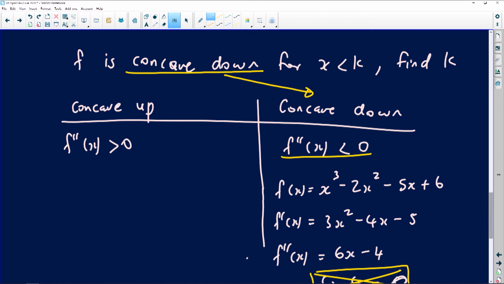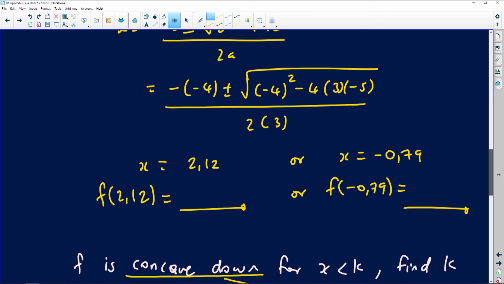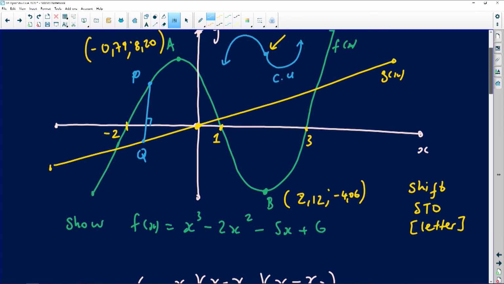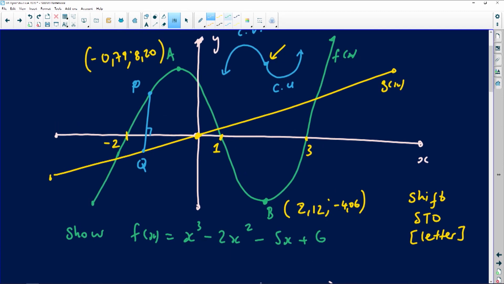That's where concave down applies. If you go back to the drawing and check that, 2/3 is somewhere here, a small value, and the graph changes from being concave down to concave up. That point is the point of inflection.